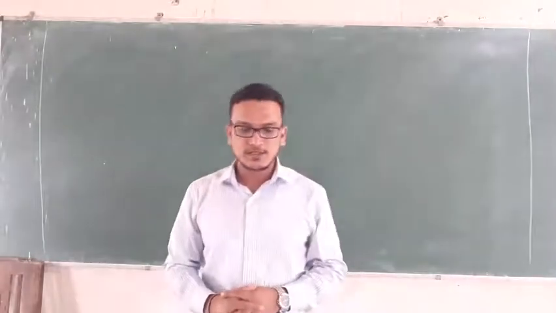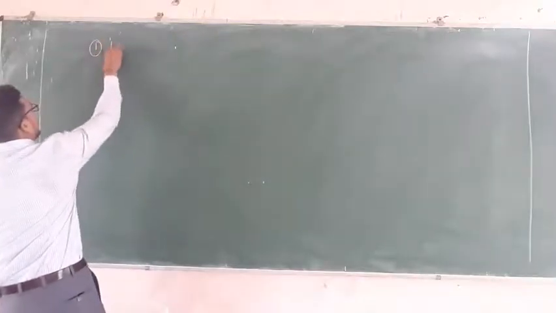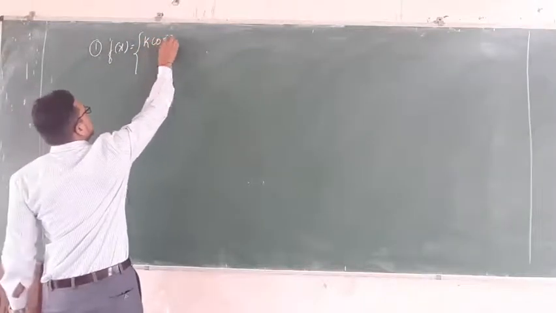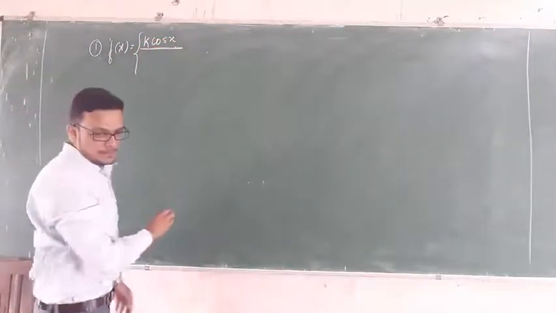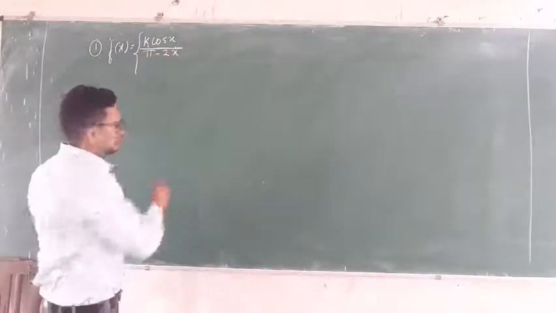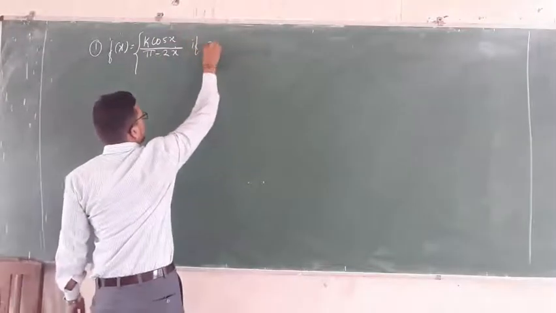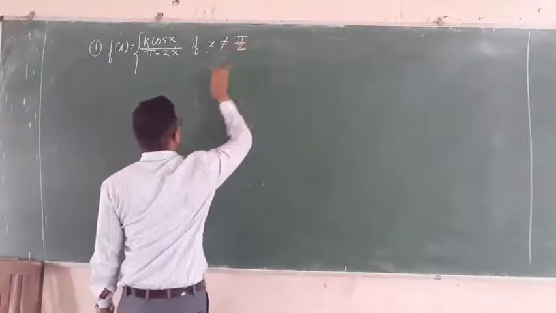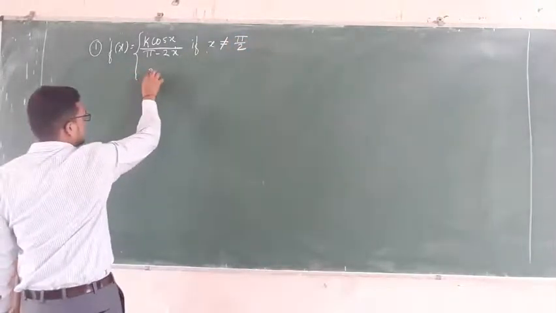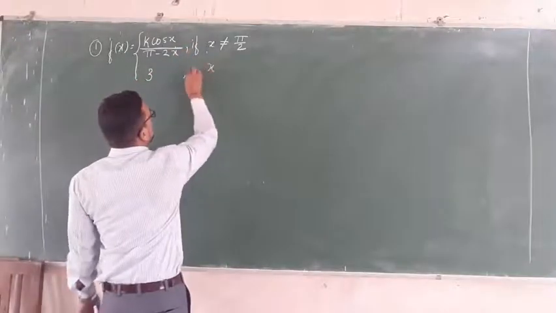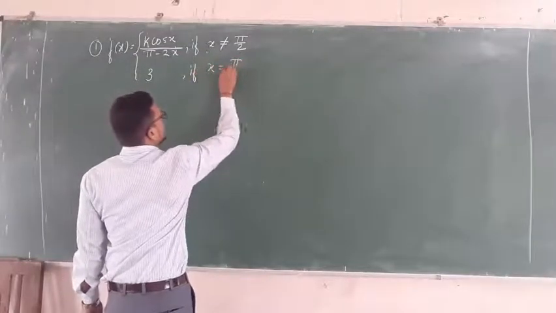Let us take the first question. f of x is equal to k cos x divided by pi minus 2x if x is not equal to pi by 2, and f of x is 3 if x is equal to pi by 2.